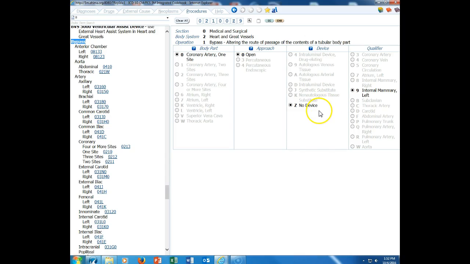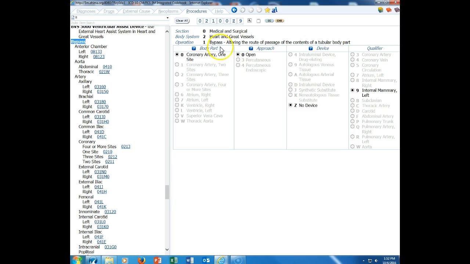If they harvested the internal mammary, then we have autologous arterial tissue. However, if they just unhooked it and used it for the bypass, then it's no device and it's still left internal mammary. This isn't very specific to me, so either one of those codes would have been correct.